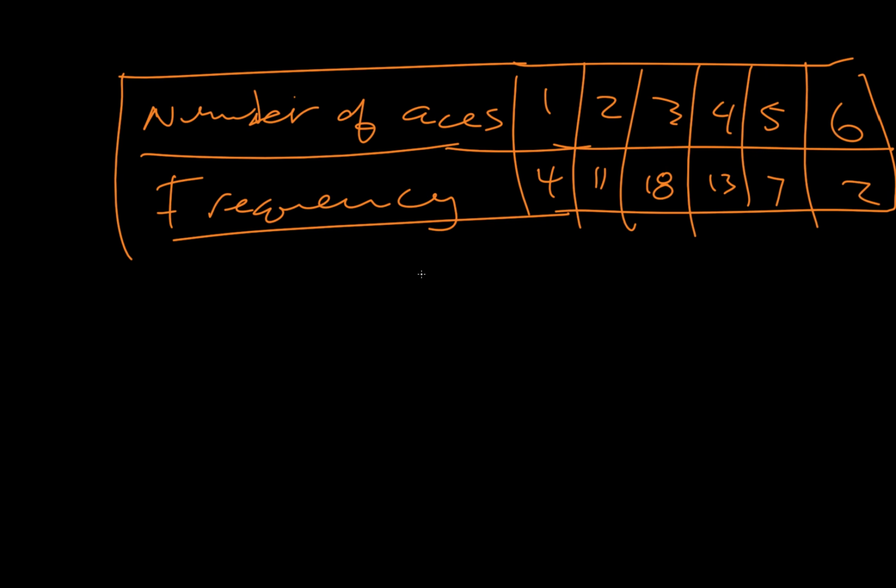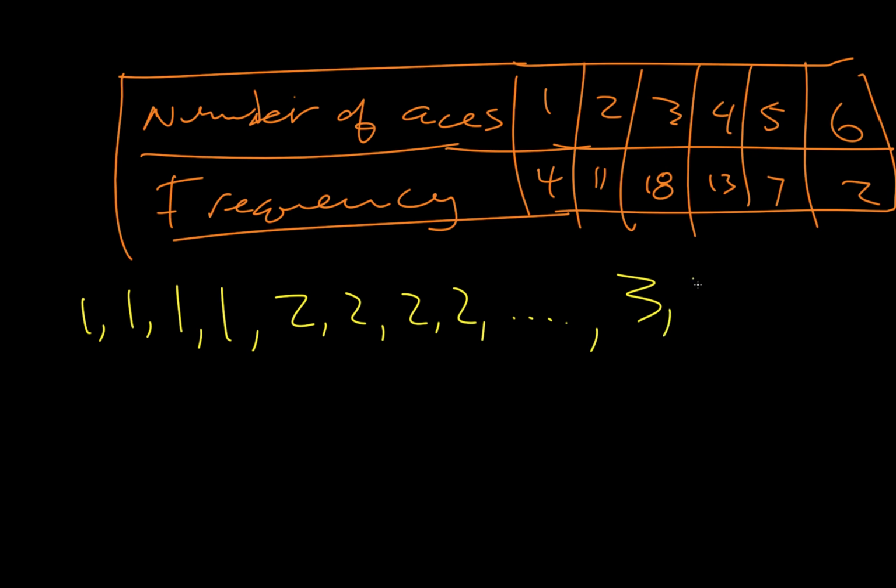So if we were to write this out, we would actually write 1, 1, 1, 1, and then we write 2, 2, 2, 2, 11 times, and then we'd write 3, 3, 18 times, etc. Okay, I'm not going to do that. We're just going to use the frequency table to help us, but hopefully that all made sense.